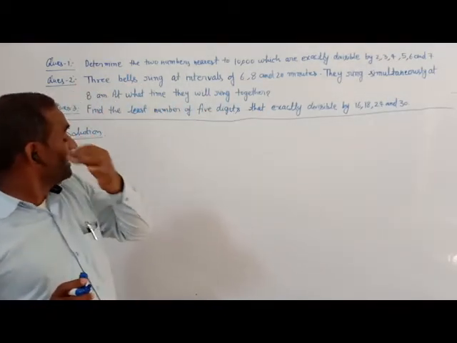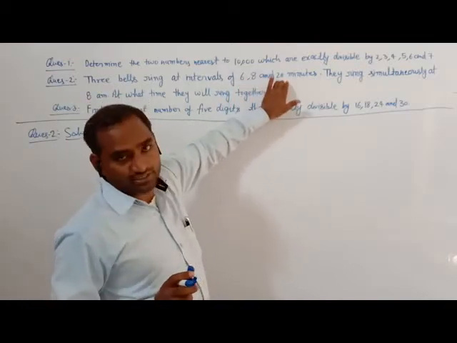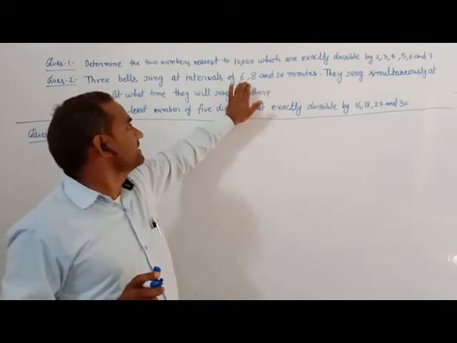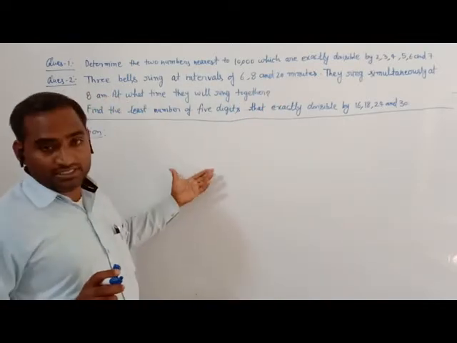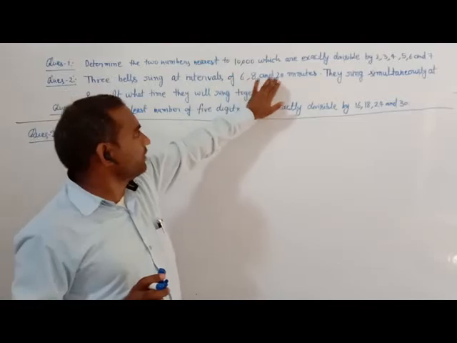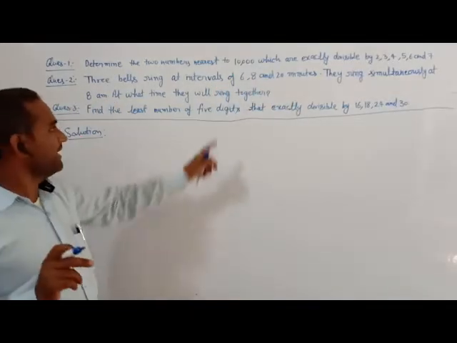So if you find the LCM of 6, 8 and 20, the LCM will be divisible by these numbers.